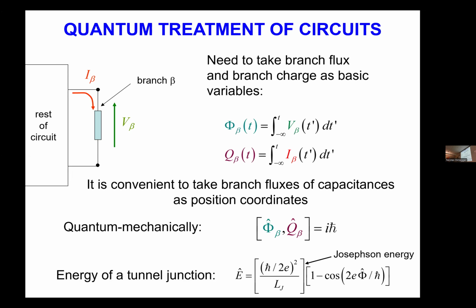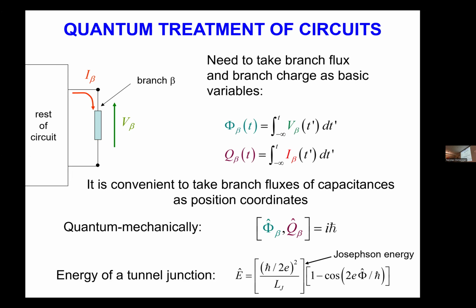So you can think of a branch like this as a sort of particle, but of course, it is linked to other particles by all the connections in the circuit.